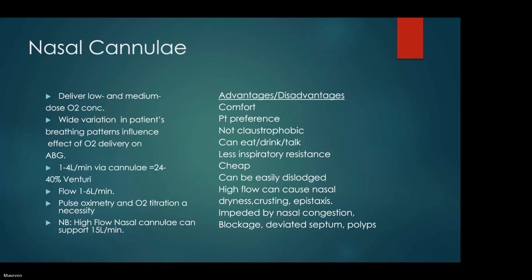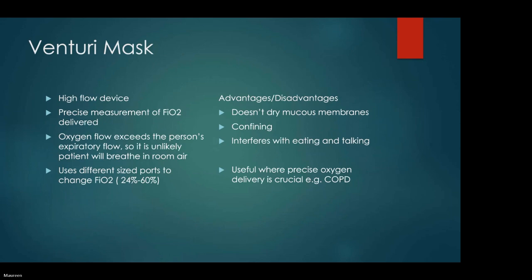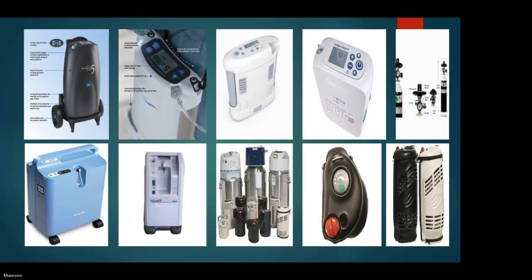It is a static machine. However, it's got casters so you could move it from room to room if you were wanting to, say, put it to the nearest socket to your back garden and go out for a little walk in your back garden. It can only go up to 5 litres per minute of oxygen, no higher. You can piggyback 2 of these machines together to achieve 10 litres per minute of oxygen.